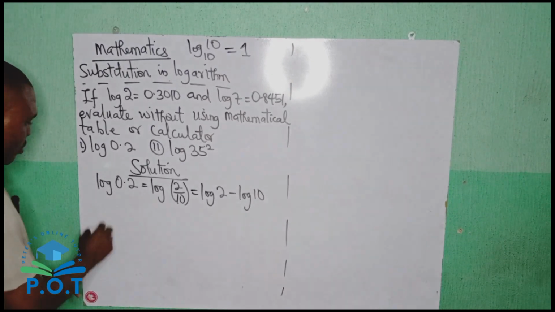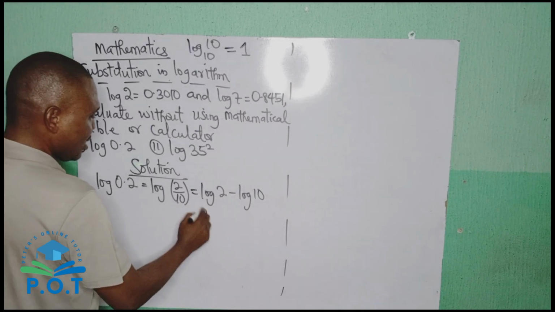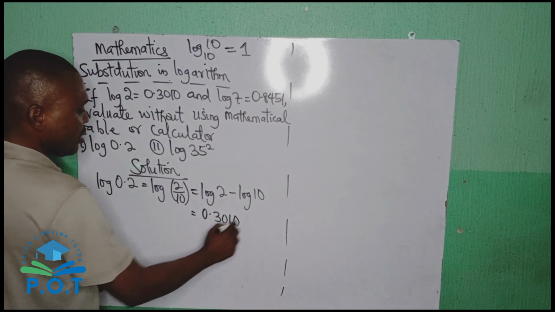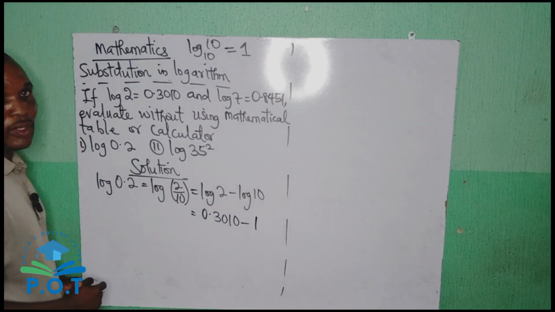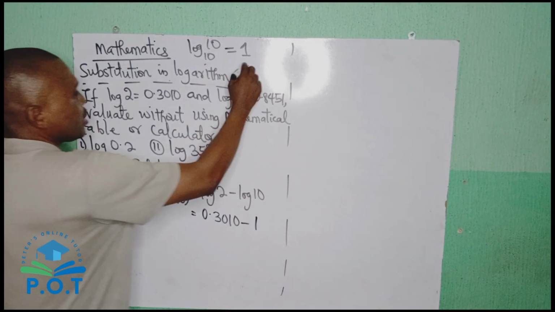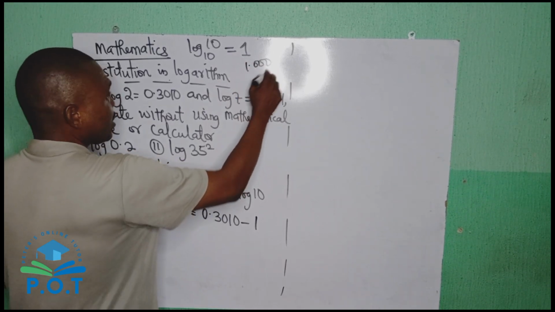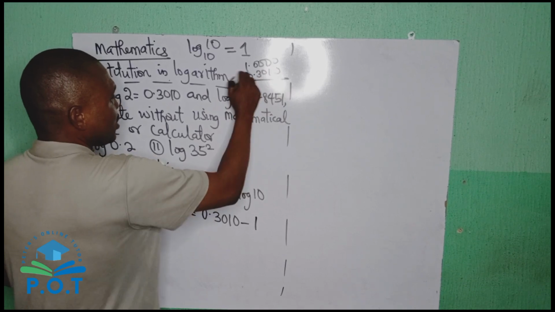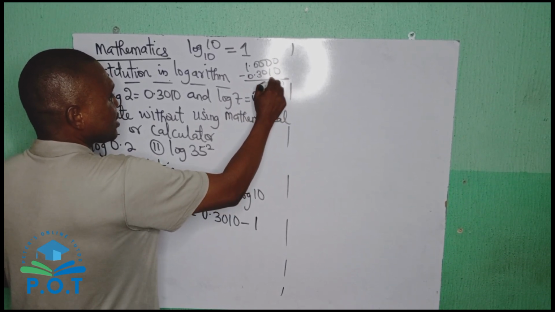So we'll be having log 2, which is given to us as 0.3010, minus log 10 base 10, which is 1. All right, so let us do the subtraction quickly. 1.0000 minus 0.3010. Now you're subtracting: 10 minus 1, that is 9.